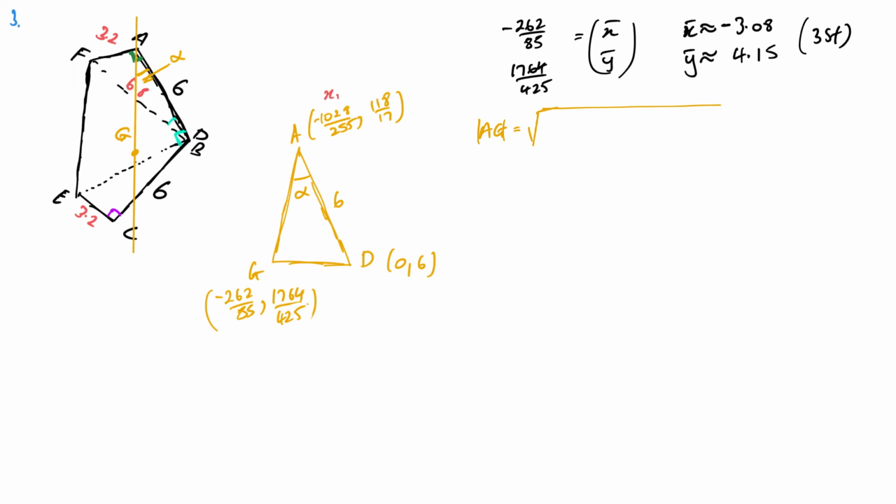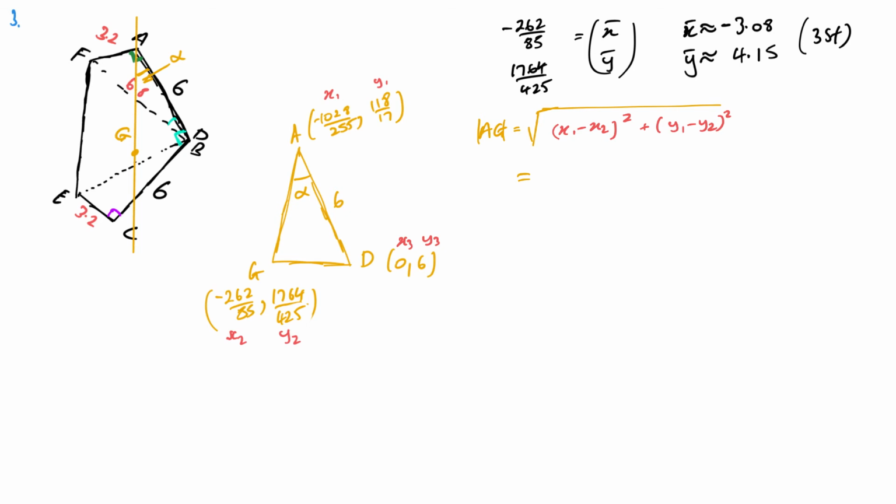So I'm going to call this x1, y1, x2, y2, x3, y3. When I'm doing A to G, I just want the difference in the x's squared plus the differences in the y's squared and then square rooted. So that's what I'm doing in my calculator.